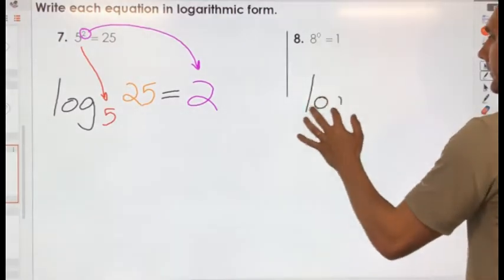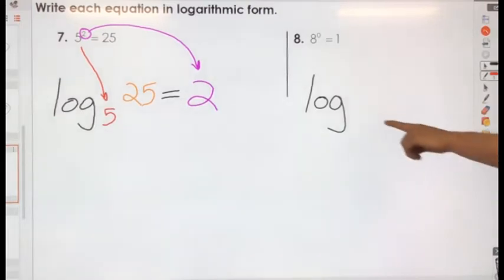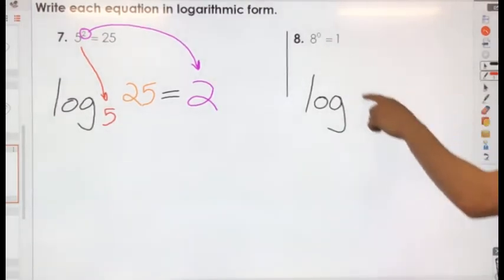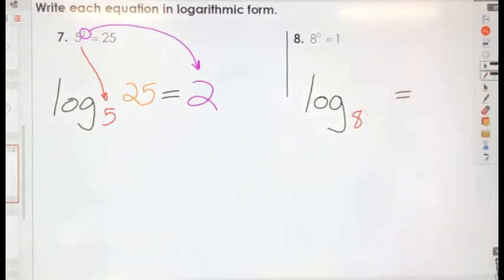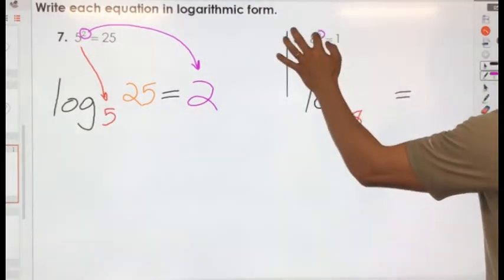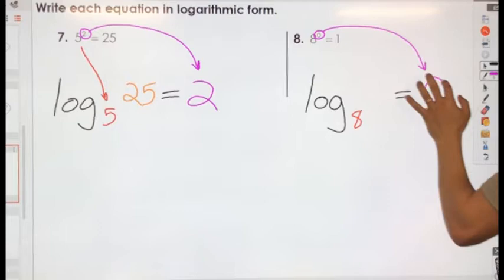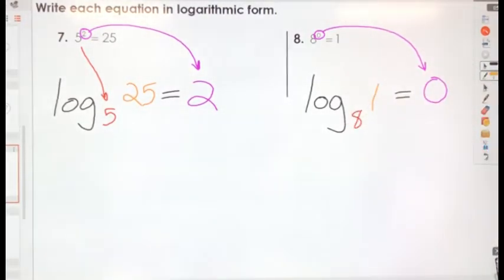Now for this one, log with what base? First number we want to put down is the first number we run into, 8. Next, I want to look at the exponent because that's what my log equals. So it equals 0. And then what number did I not use? 1.